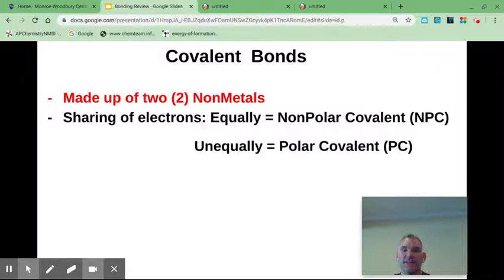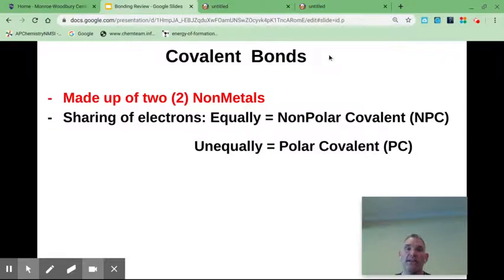And because sharing's involved, again, as I said in class, just like people, I can share equally with people or I can share unequal with people. So that means in elements, the same thing occurs. If it's non-polar covalent, we have an equal sharing, a more stable interaction. If I have unequal sharing, it's going to be polar covalent bond.